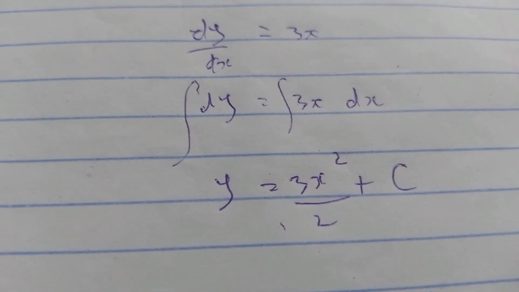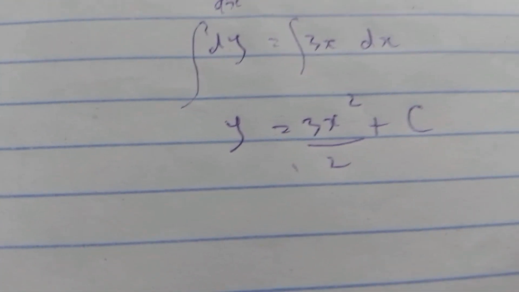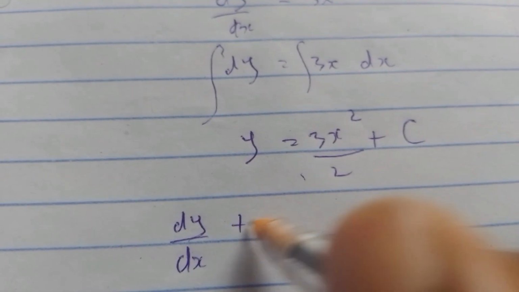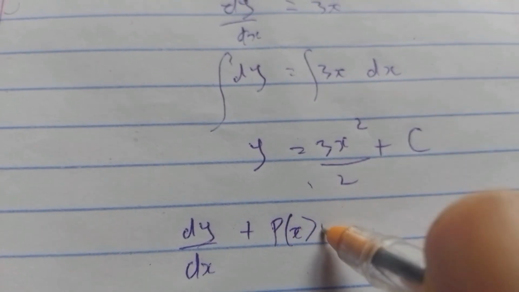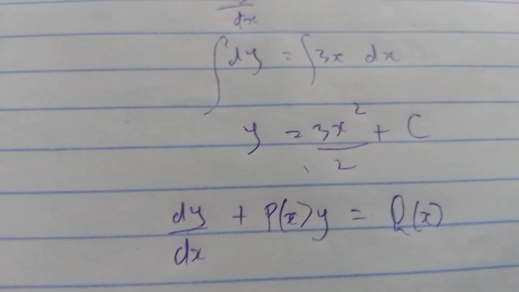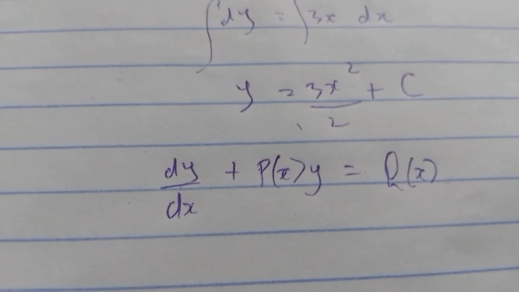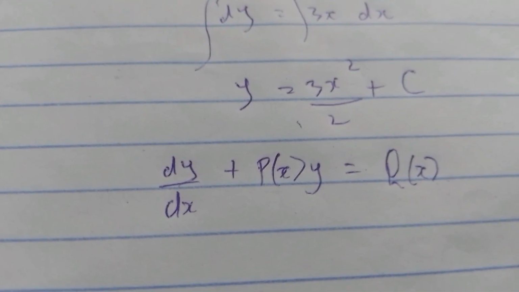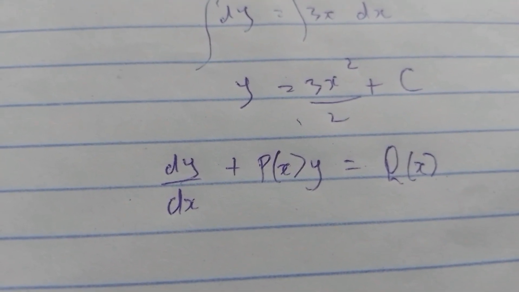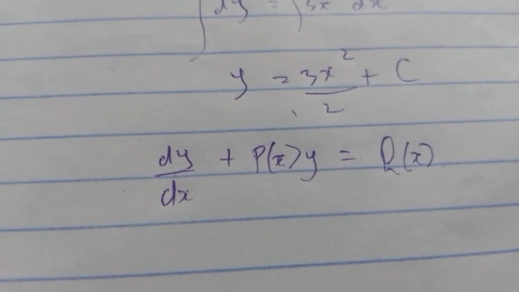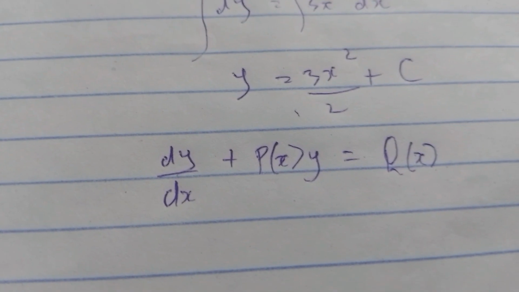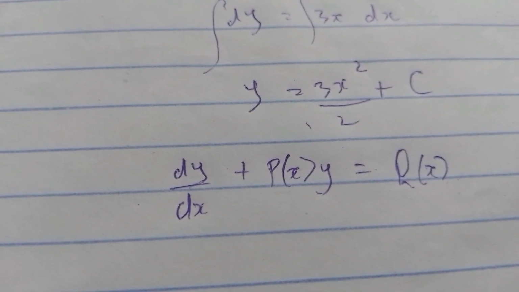Alright, so the next equation we'll be considering will be in the form dy/dx plus p of x y is equal to q of x. So this is called the standard form of a first order differential equation. And if an equation is in this form and you are asked to find your y, there are some terminologies you must familiarize yourself with.